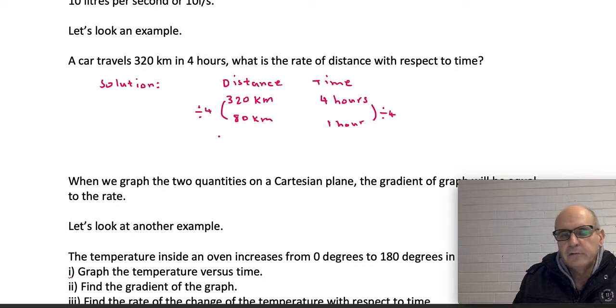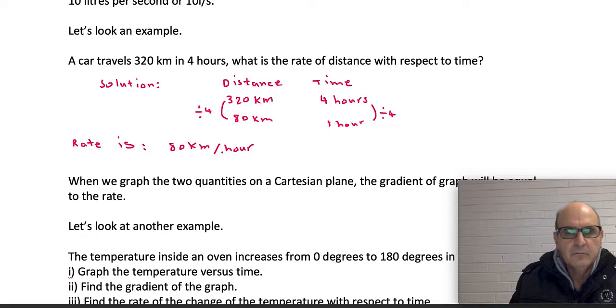Now I've got my rate. The rate is 80 kilometers per hour. Remember, per hour means 1 hour. We don't need to write 1 hour, so just writing in this form means 1 hour. So 80 kilometers per hour.